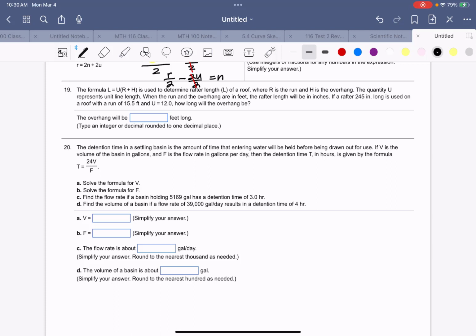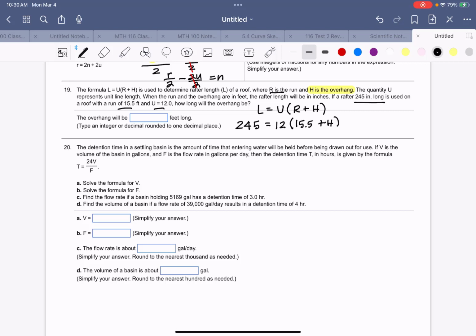Now, we have to look at this. H is the overhang, and that's the part they're telling us we don't know. So L equals U, R plus H. They tell us the rafter is 245 inches long, and that's the L. So 245 equals, notice that R is the run, so the run is 15.5, and a plus H. And U is 12, so there's a 12 here on the outside.